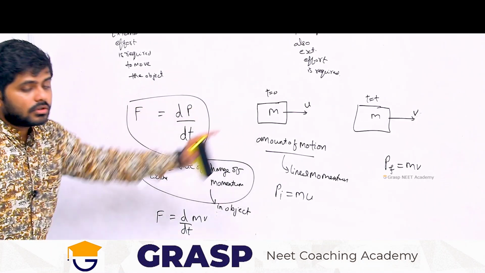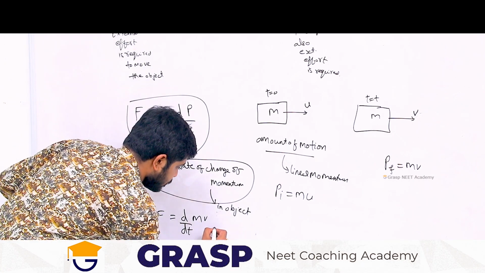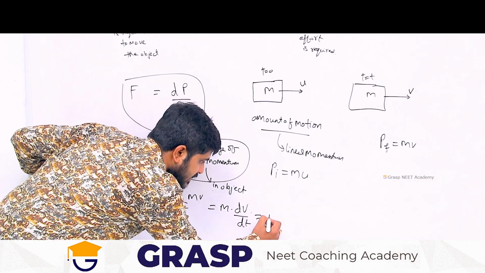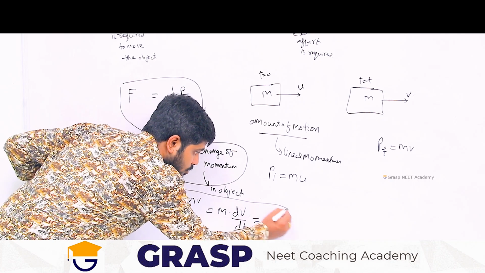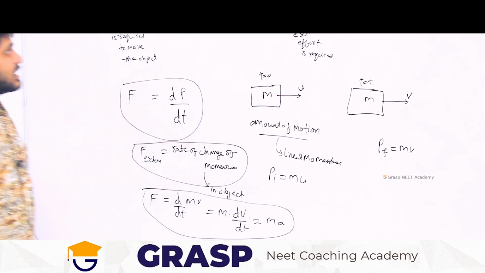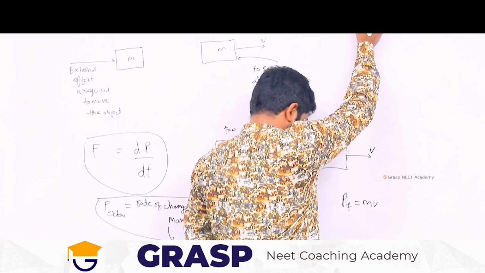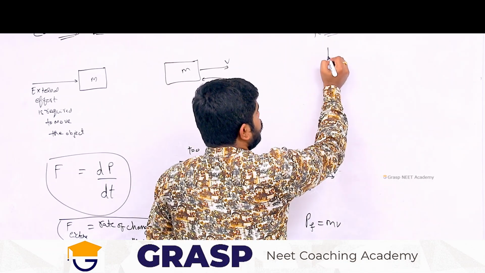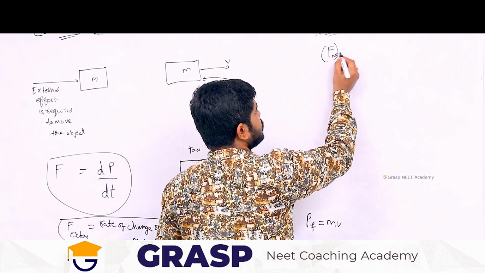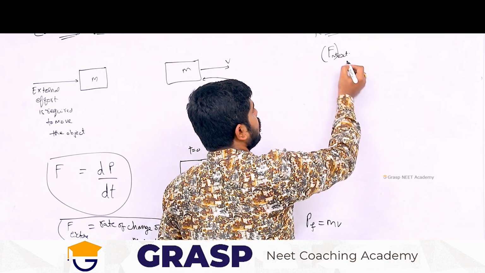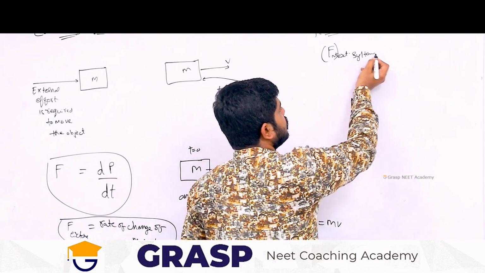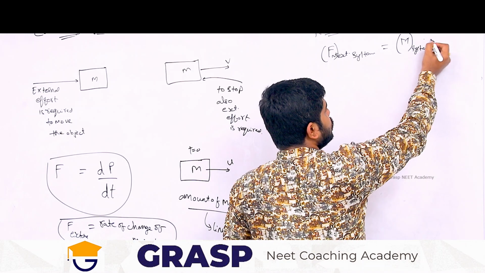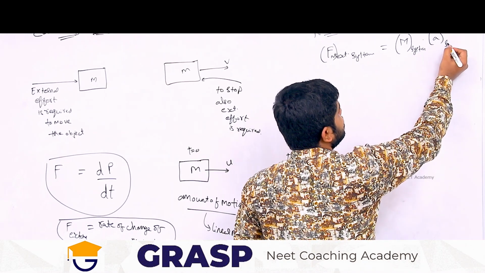Mass m is constant, it won't vary, right? Therefore we place m outside: m into d by dt of v, which we consider as mass into acceleration. So in Newton's second law he said that the net external force acting on a system is equal to the mass of the system into the acceleration of that system.